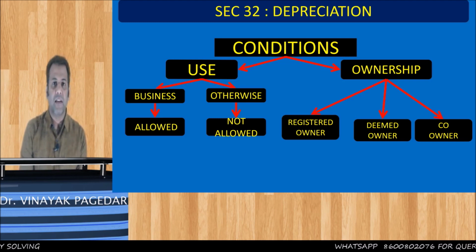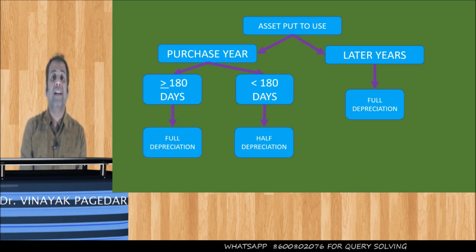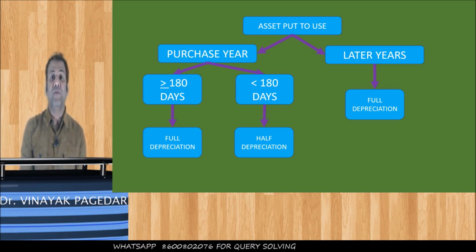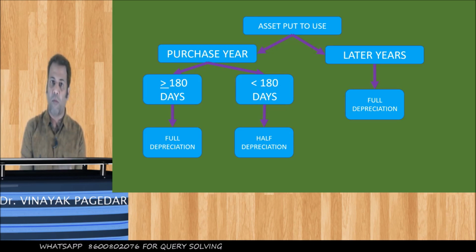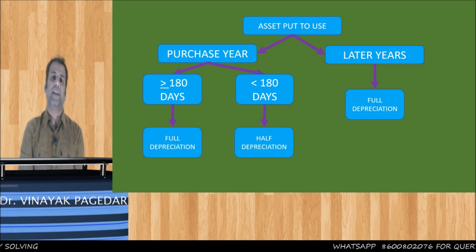The answer is no. According to the Income Tax Act, if the asset is acquired and put to use in the first year, the year of the purchase, for 180 days or more, then you stand to get the full depreciation. For example, if the rate of depreciation is 15%, you'll get the entire 15%.